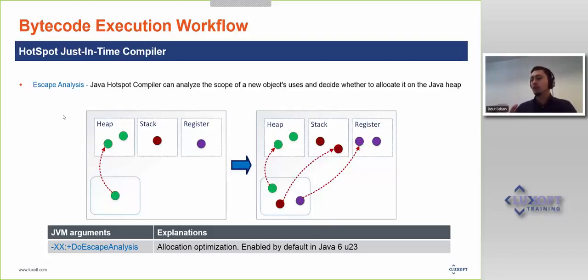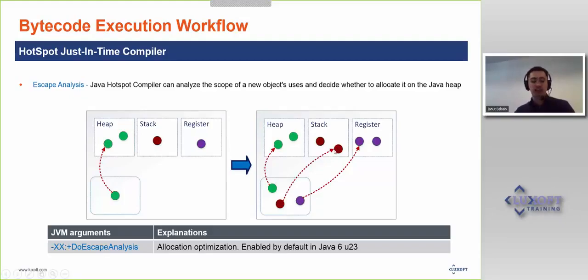Imagine we have a method and a loop inside that method, and inside it we create plenty of instances. Those instances have a local scope, and the just-in-time compiler decides during runtime, based on the object's scope, whether it is local or not, and allocates them on the stack.